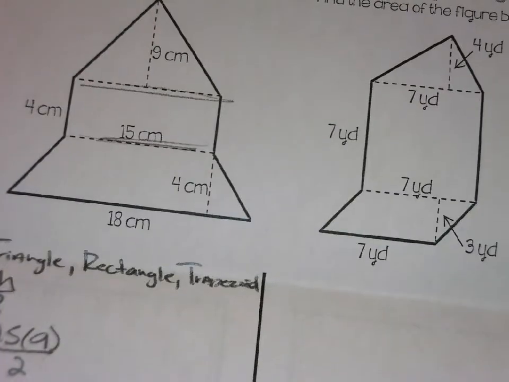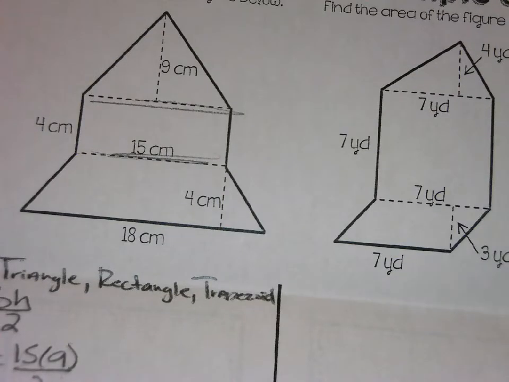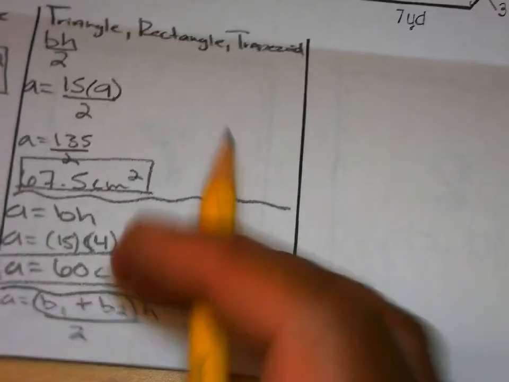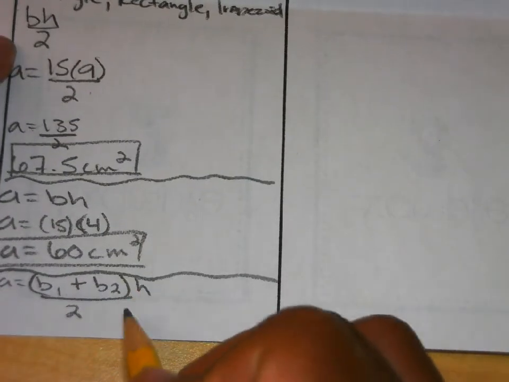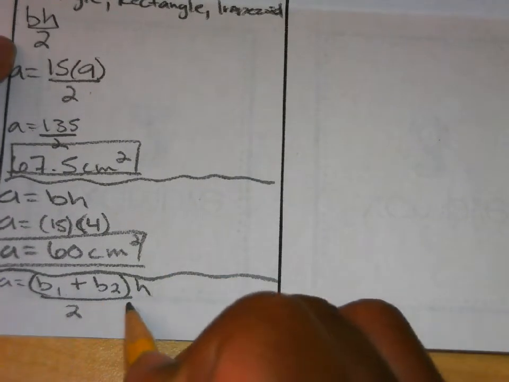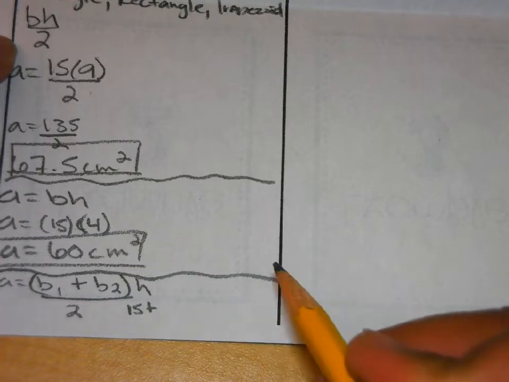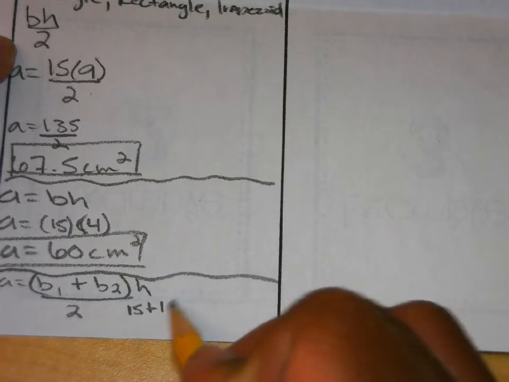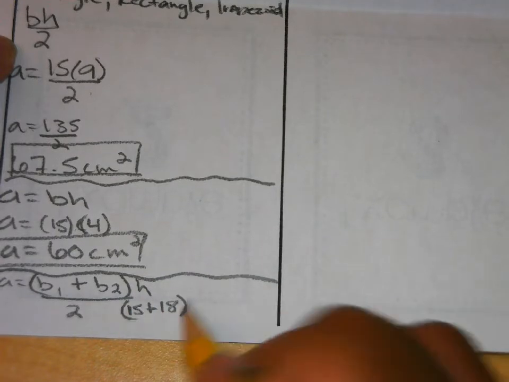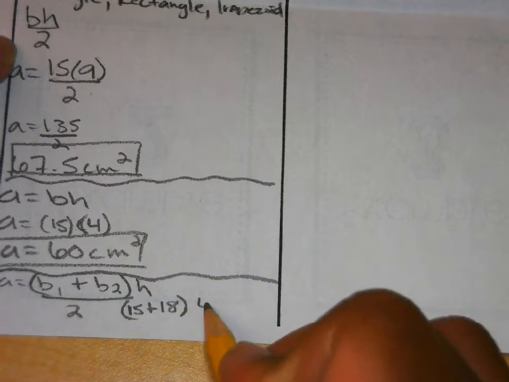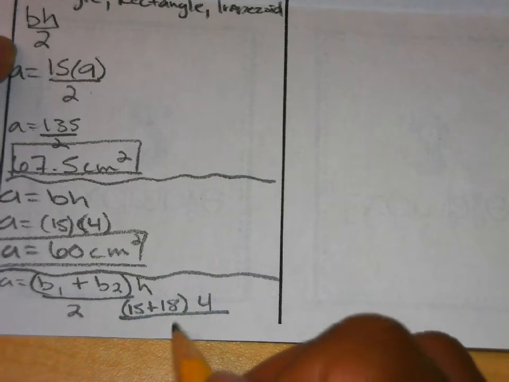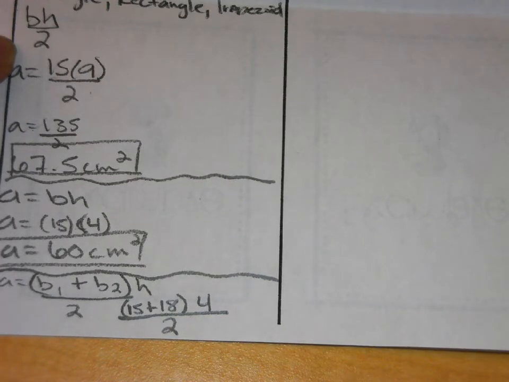If I look up here, base 1 is how long? 15. Base 1 is 15 plus base 2 is 18. Okay. The height is 4. And then we divide that by 2.